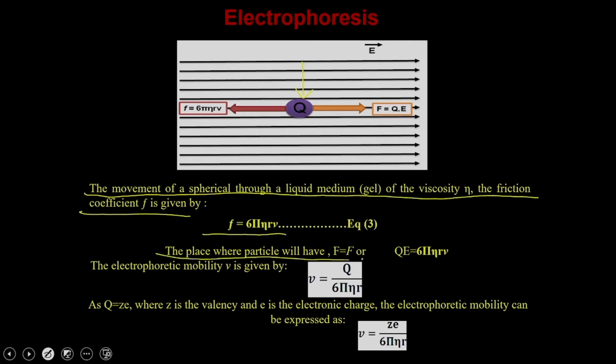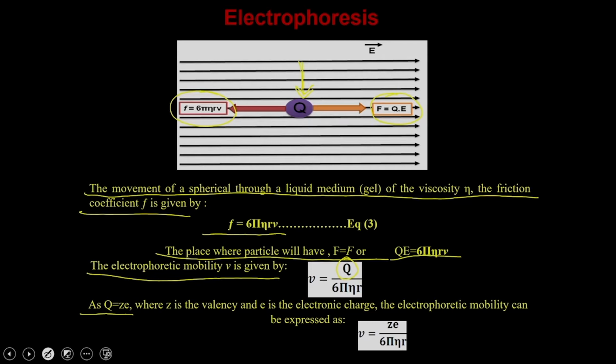The place where the particle has both forces equivalent is the place where the molecule stops moving. At that place, QE, the electrophoretic force, and the frictional force are equal. So the electrophoretic mobility is given by v equals Q by 6 pi eta r, where Q equals ZE.